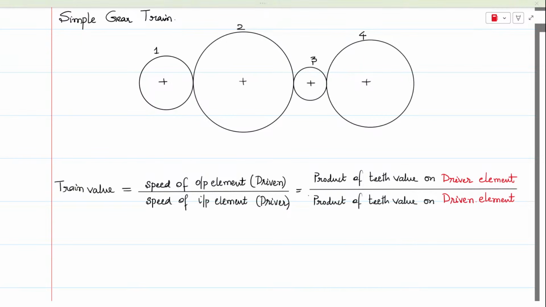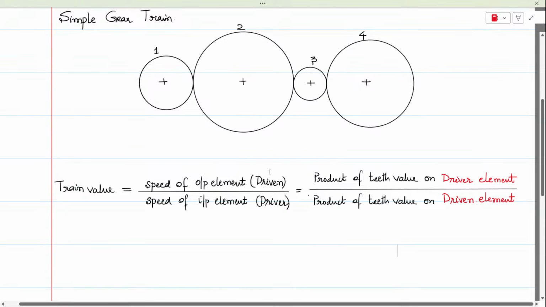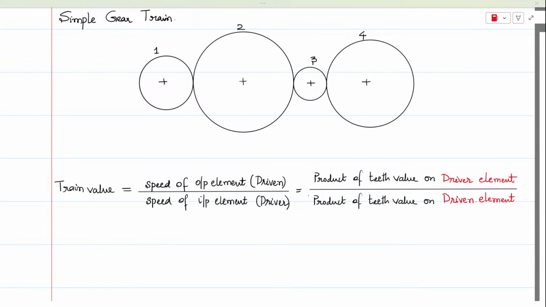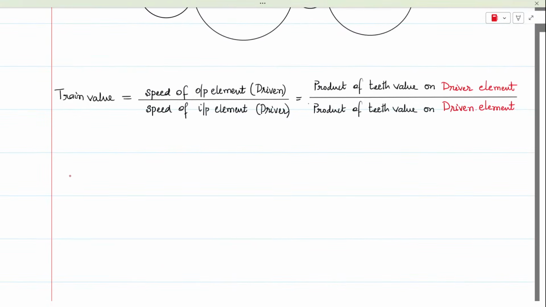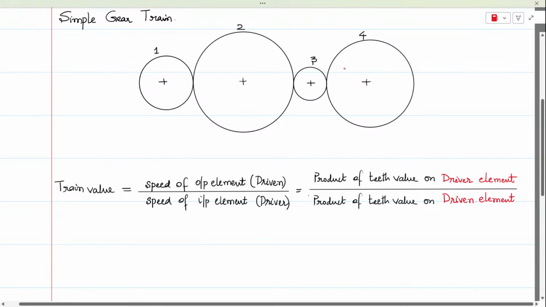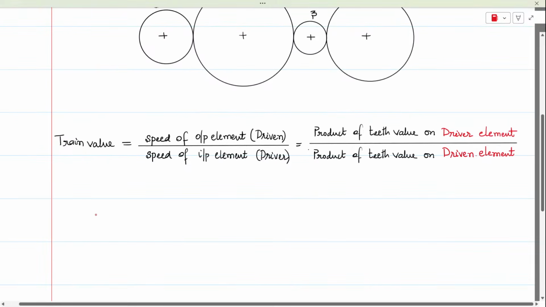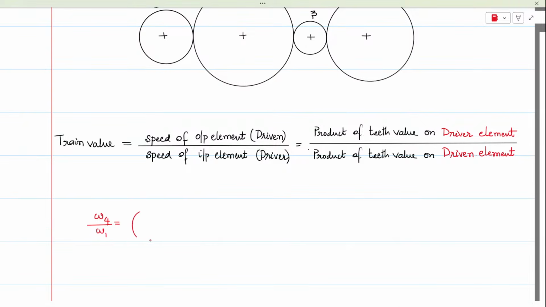So now you could be using the combination of two elements, that is 1 and 2, next is 2 and 3 and 3 and 4. That would be the combination you are going to use. So output here is 4 and input is 1. So omega 4 divided by omega 1 is equal to, now here I need to write plus or minus sign, because plus or minus sign is for the sense of rotation.